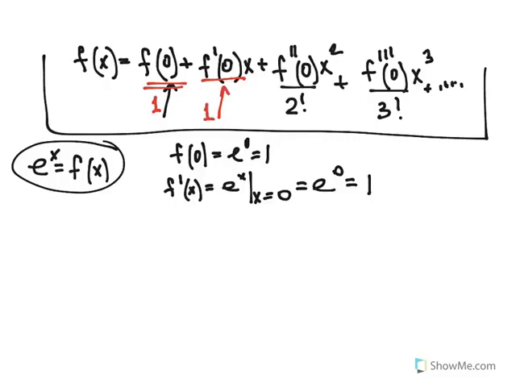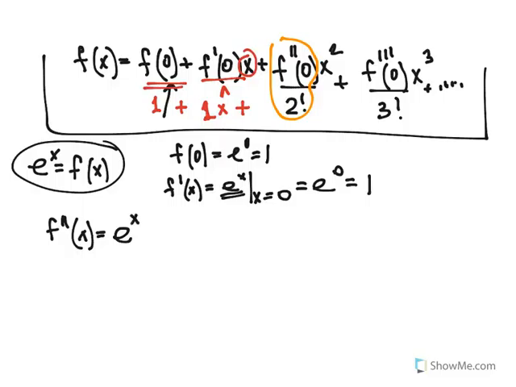So you have 1 plus 1 times x, plus, now let's see what this is. The second derivative equals, the first derivative was e to the x, the second derivative is also e to the x, and at x equals 0, you again get 1.